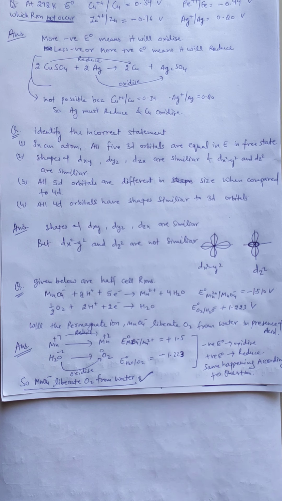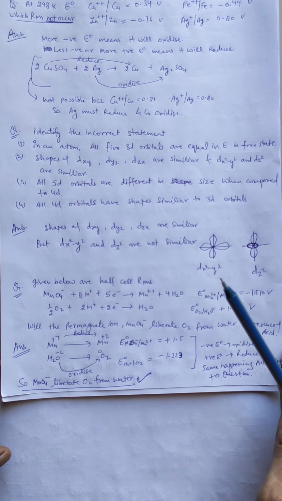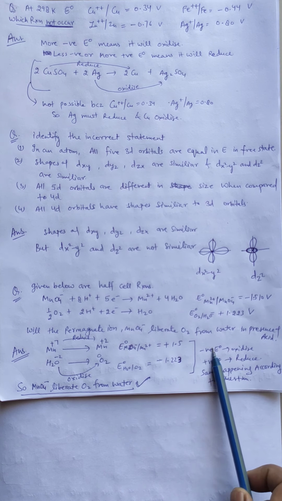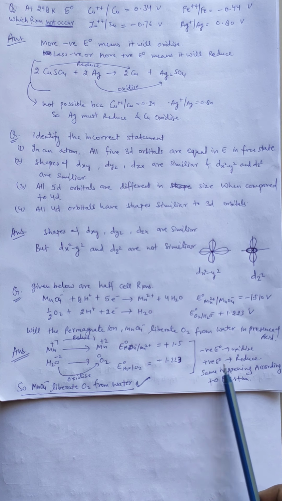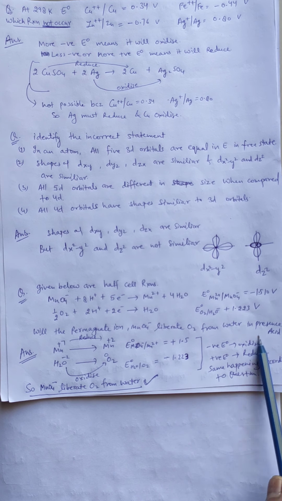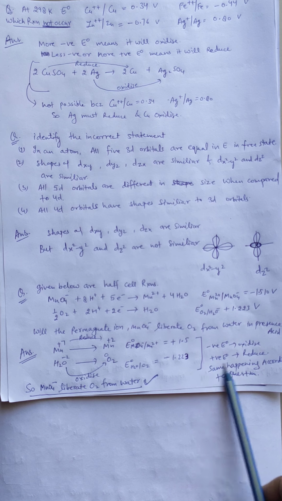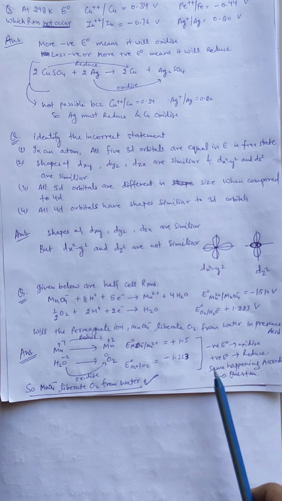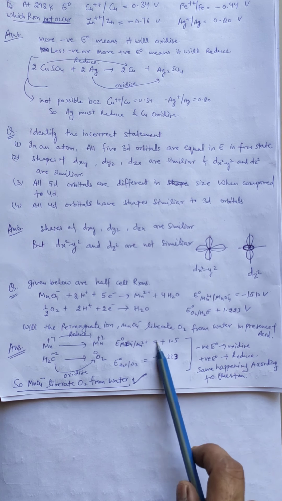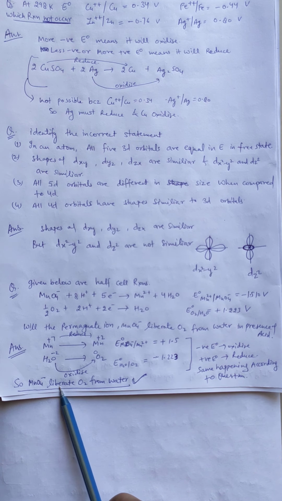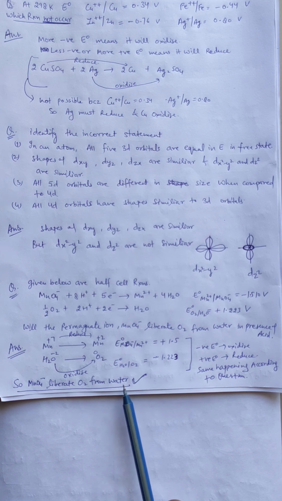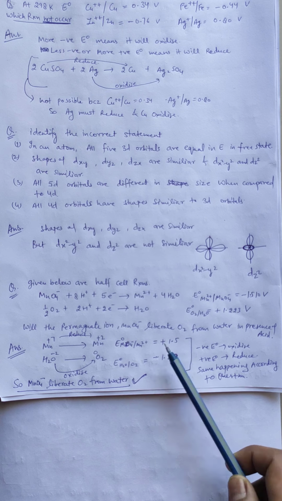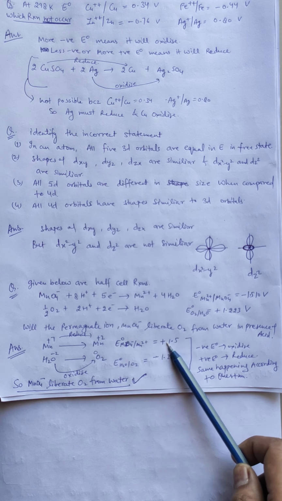You may calculate, and without calculating you may also do that: negative E naught oxidizes, positive E naught reduces. With the help of these you may identify the answer also, right? The same is happening according to the question here. So MnO4 negative liberates oxygen from water because negative is going to oxidize, positive is going to reduce.